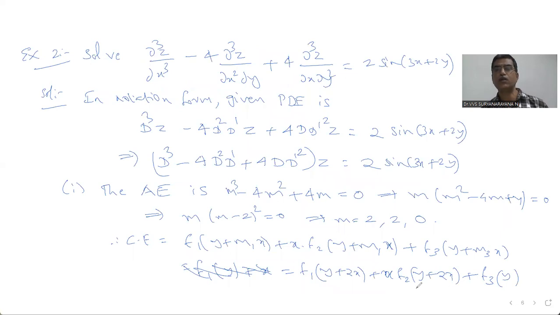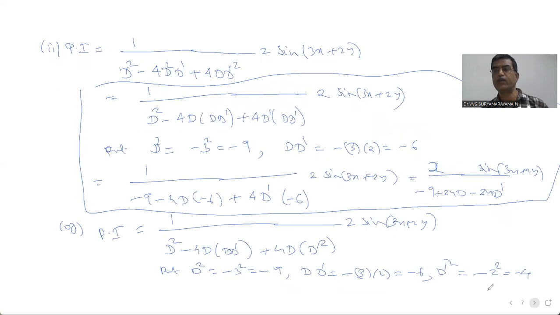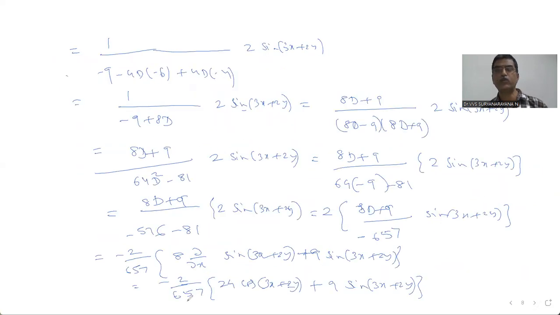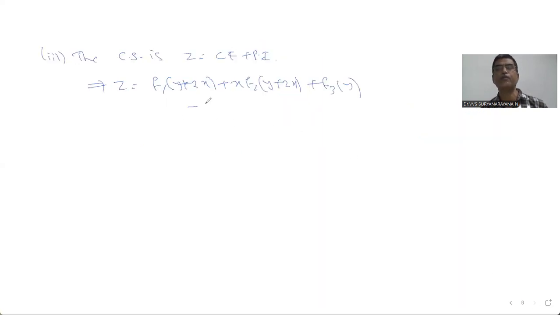So f1 of y plus 2x plus x into f2 of y plus 2x plus f3 of y. And for the particular integral, this is minus 2 by 657 into 24 cos 3x plus 2y plus 9 sin 3x plus 2y.